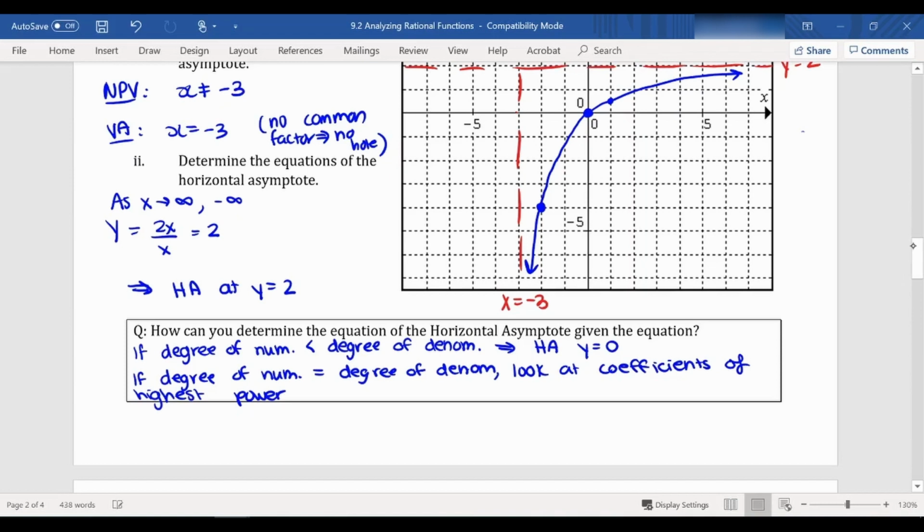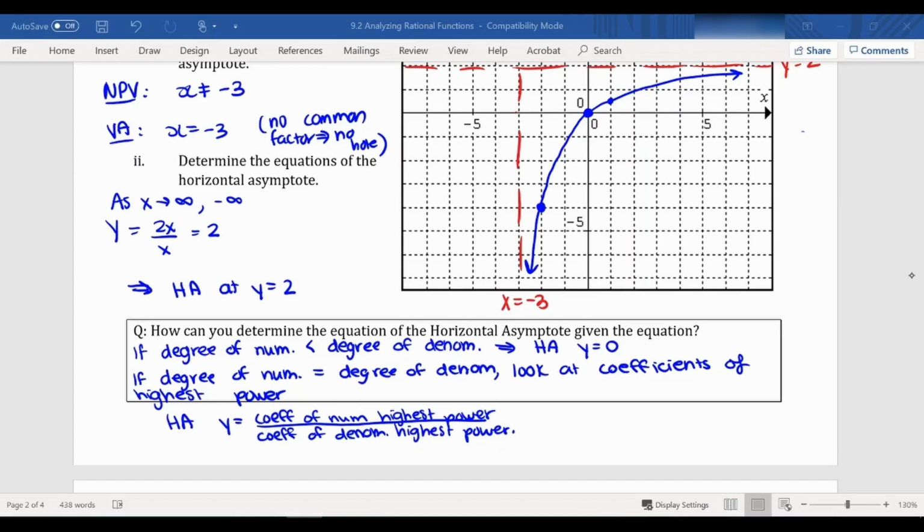Okay, and your horizontal asymptote would be at y equals the coefficient of the top highest power over the coefficient of the denominator's highest power. So the last situation would be, well, what if the degree of the numerator is bigger than the degree of the denominator? If that happens, you're going to have an oblique asymptote.